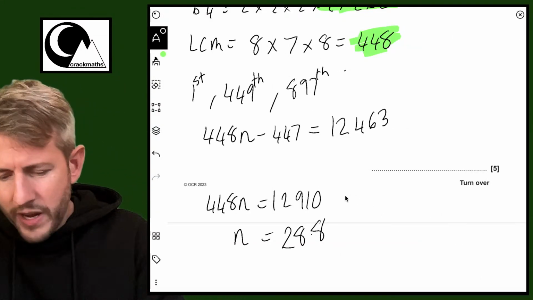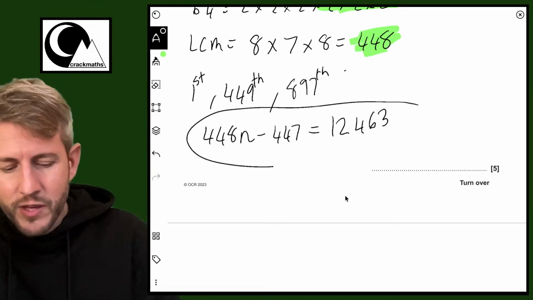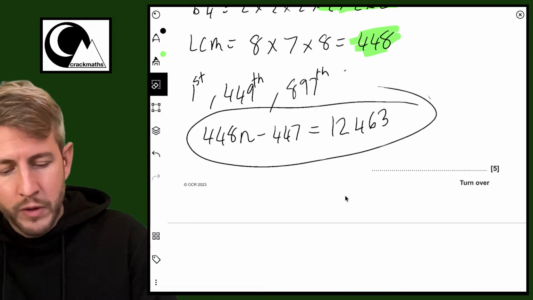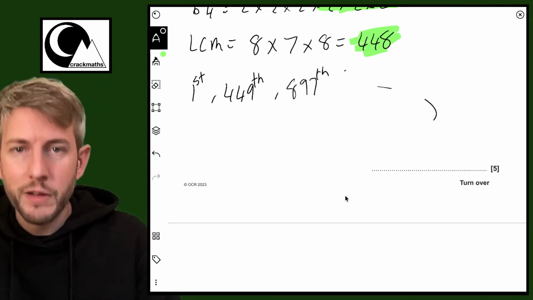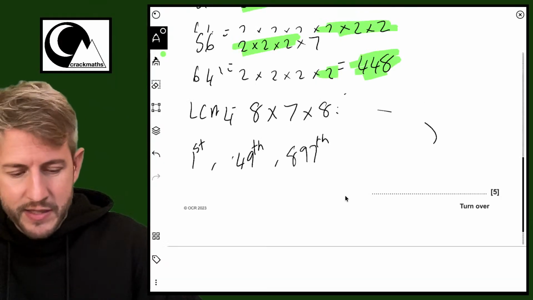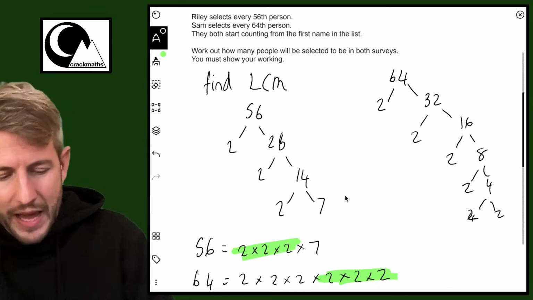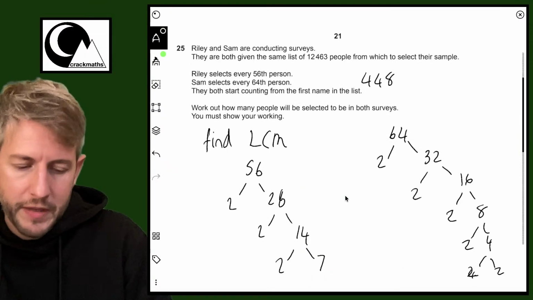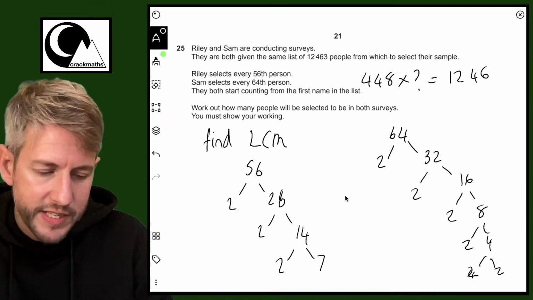Right. So we want to know how many lots of 448 fit into this. So we have 448 times what equals 12,463.